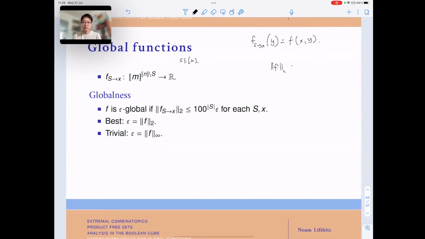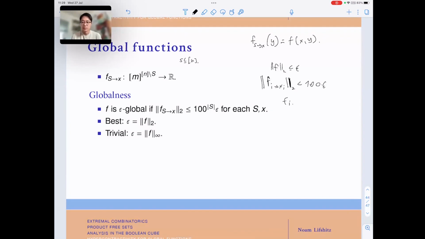So the two norm of f is at most epsilon. And then if we take f inside any dictator and look at the two norm, what's the density of f inside each dictator? This is also small, but slightly less small, maybe at most 100 times epsilon.